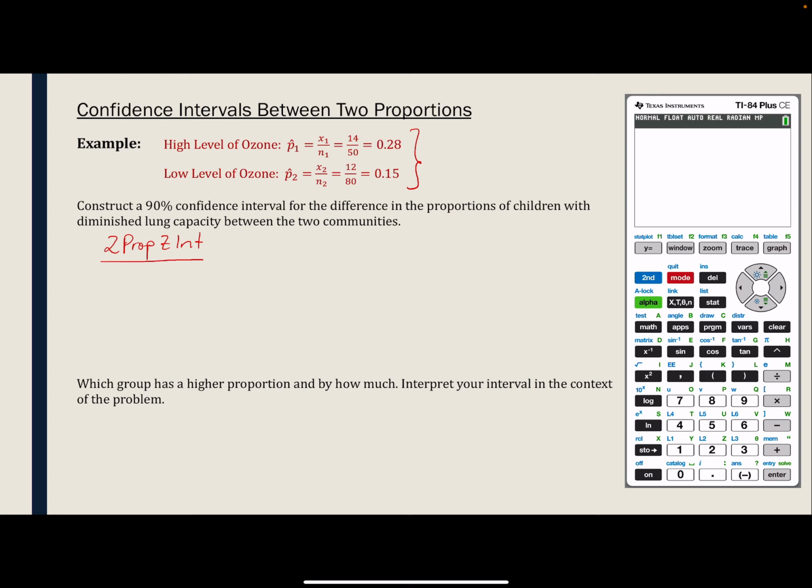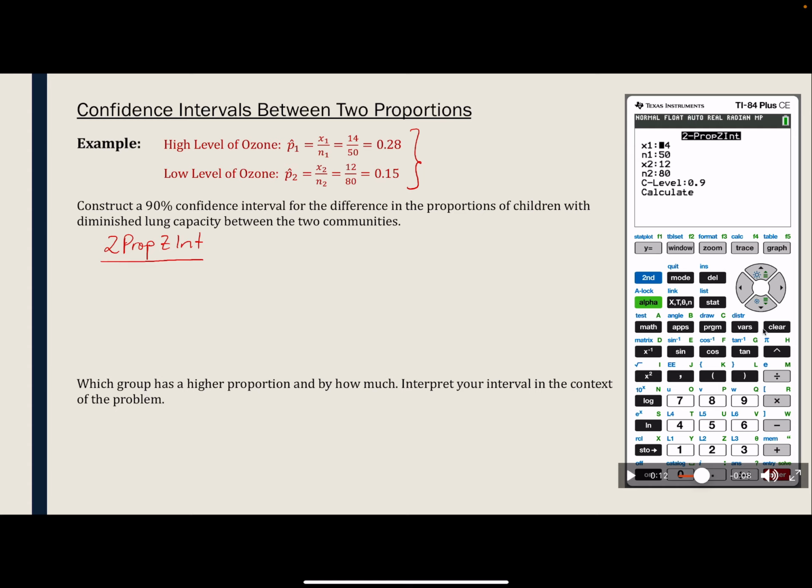We're going to find this command in the same place that we find all of the commands for our tests and intervals, and it's going to be under that stat button, and you're going to arrow over to tests. The 2PropZInt command is way down at the bottom. So you're going to go to stat, arrow over to tests, and go way down to the bottom. And it's that 2PropZInt.